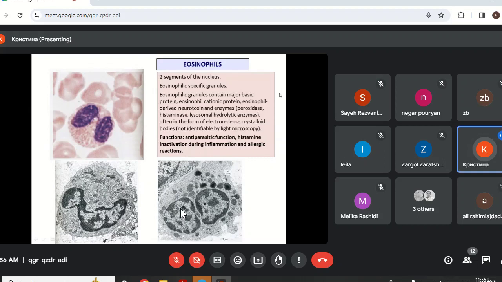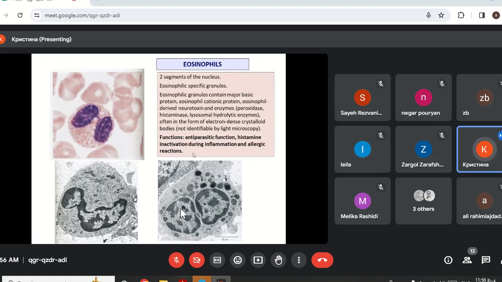Next, eosinophils. They have two segments of nucleus and eosinophilic specific granules. Non-specific granules are lysosomes. Eosinophilic granules contain proteins and other substances for two major functions of eosinophils. The first function is antiparasitic.